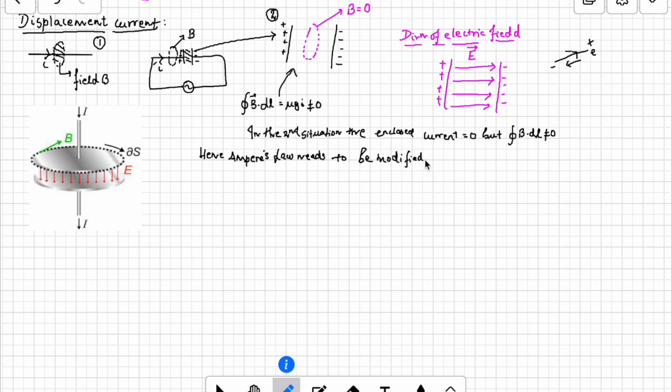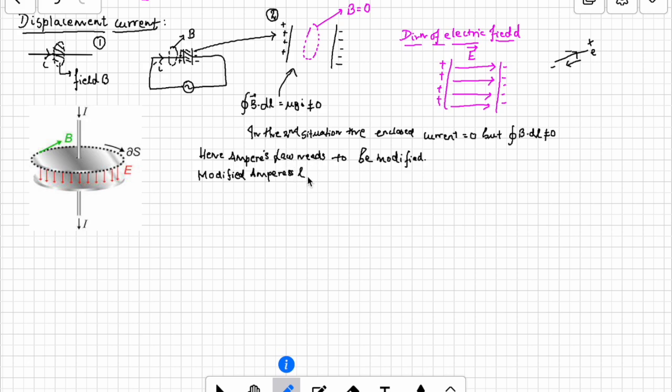So what we are going to do now is modify this Ampere's law so that it is true for both the cases. Before we really start, let me give you a gist of what exactly we are going to derive or show. Let me write down the topic: Modified Ampere's law.